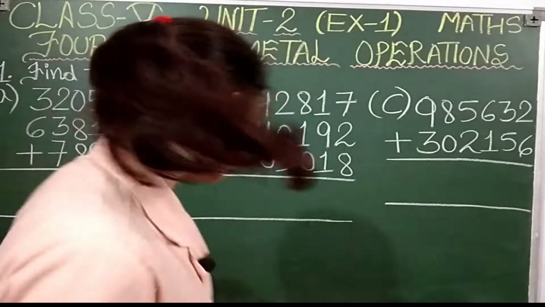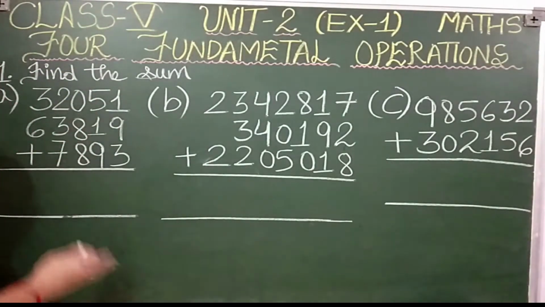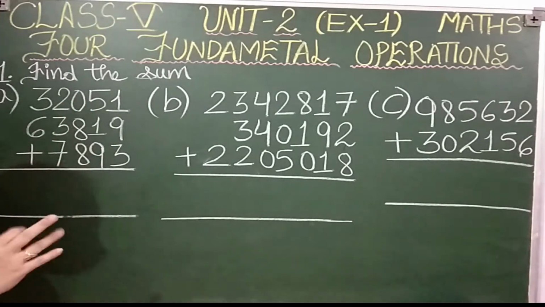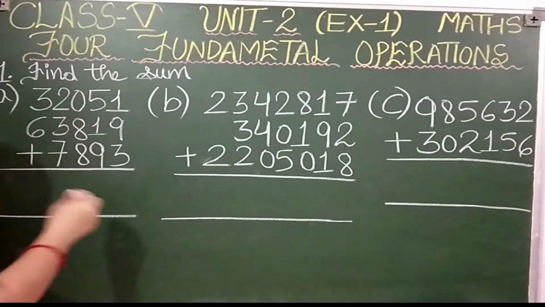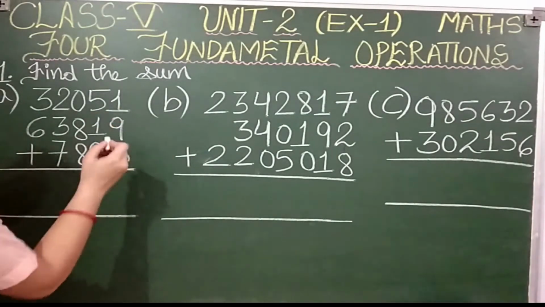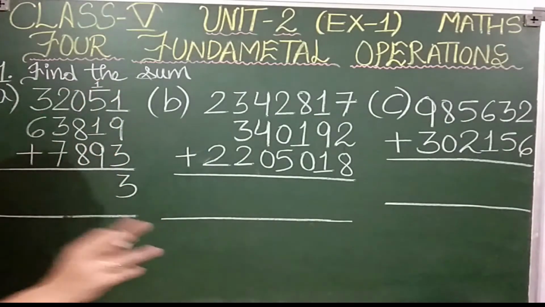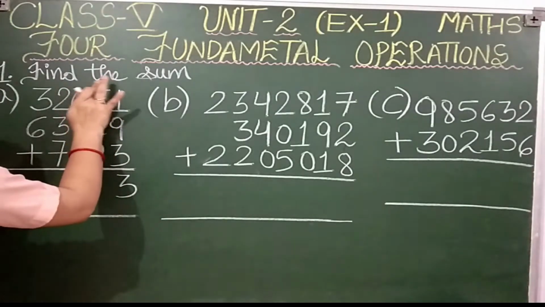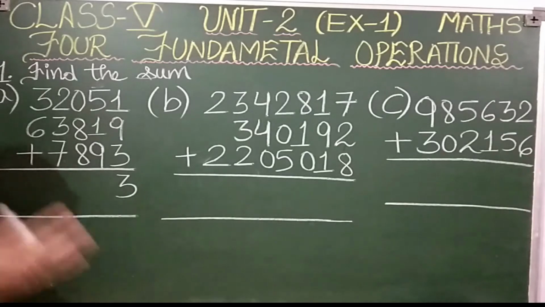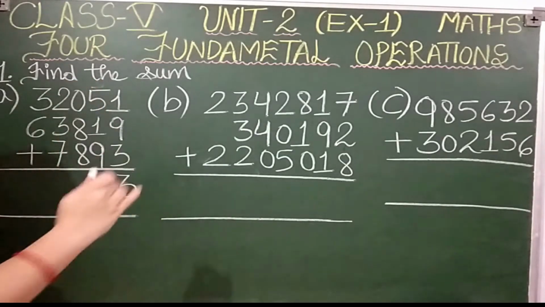So let us see our first question, find the sum, point number A. Here I have already written the digits, students. 3 digits were given and we have to add them together. Here 9 plus 1, 10, 10 plus 3, 13. 1 carryover. Now you are grown up kids, no need to show this carryover. If you want you can do that, but it is not compulsory. You have to keep the numbers in mind now. So 1 is carried over here.